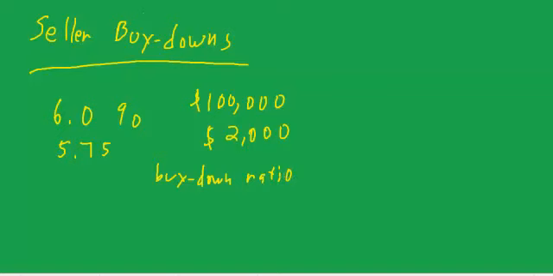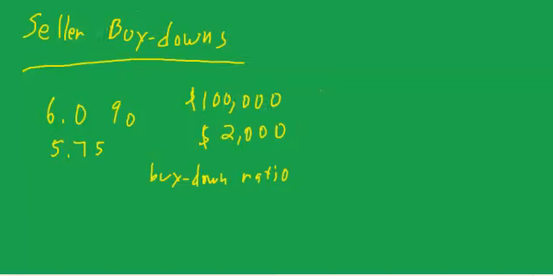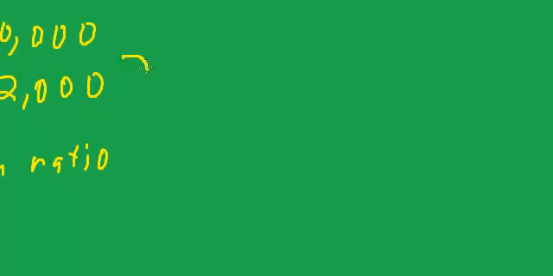Okay, so what that means when the seller buys down the mortgage is that the price of the home is inflated by this $2,000 figure. That is, the seller is in some sense getting $2,000 less than they would have otherwise.